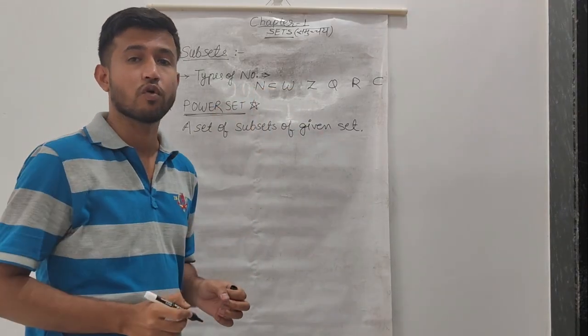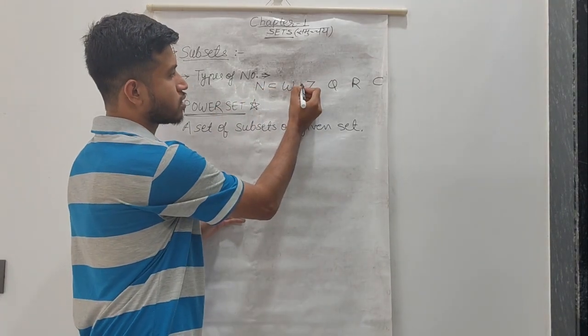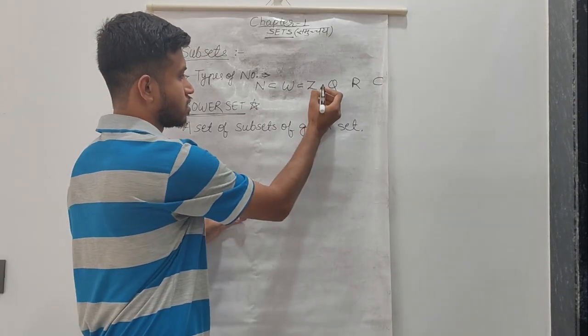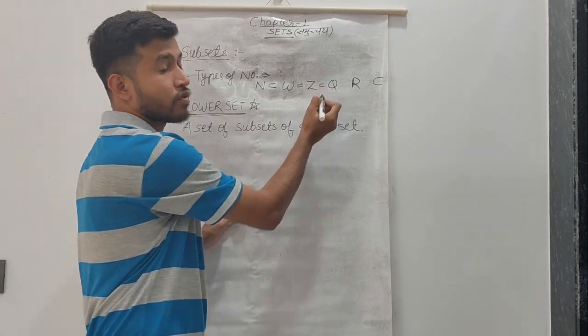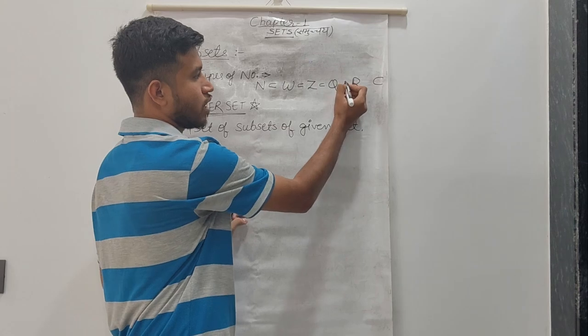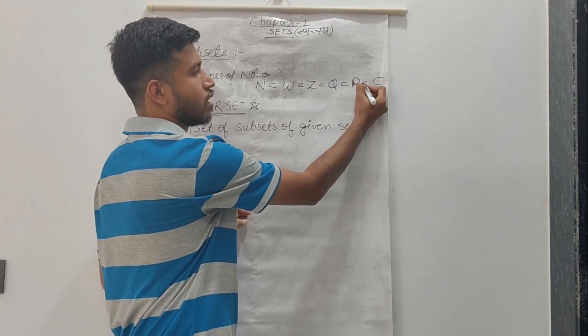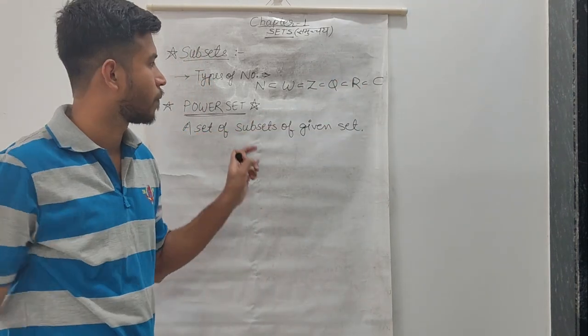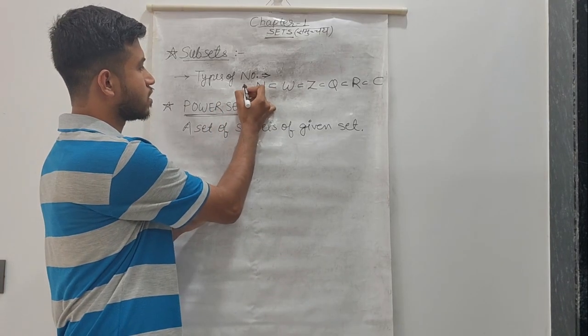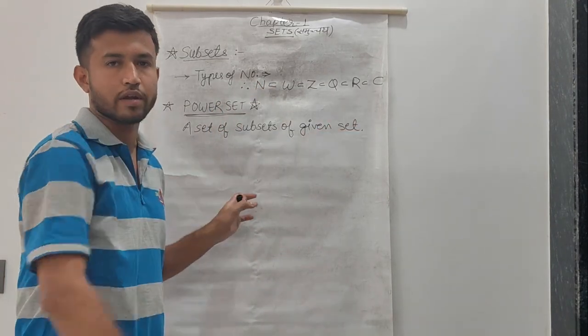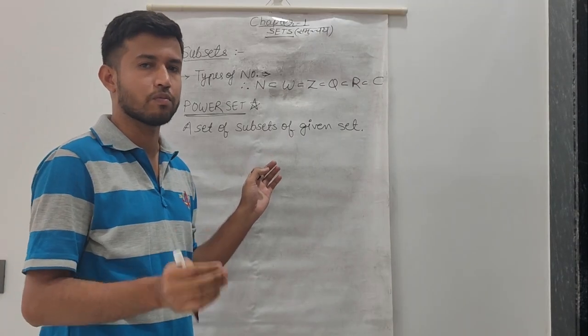Natural numbers are a subset of whole numbers. Whole numbers are a subset of integers. Integers are a subset of rational numbers. Rational numbers are a subset of real numbers. And similarly, go on. This is the order of types of numbers in mathematics.